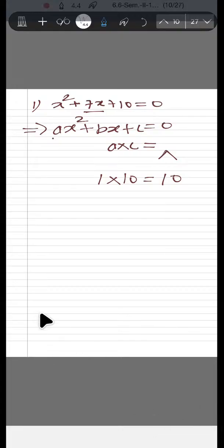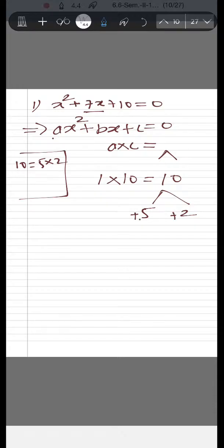So we all know the factors of 10. Here I am going to write the factors of 10. How can I get the factors? 5 into 2, correct. So simply 5 and 2. If I am going to take these as positive, the addition of them, 5 plus 2, is 7. Here you can see the 7.